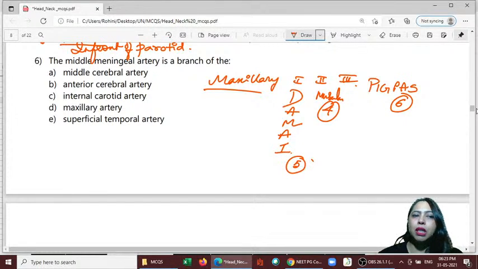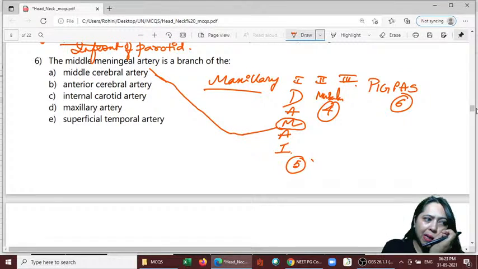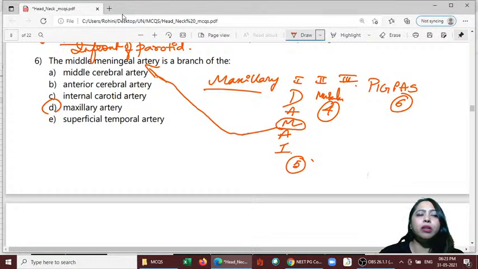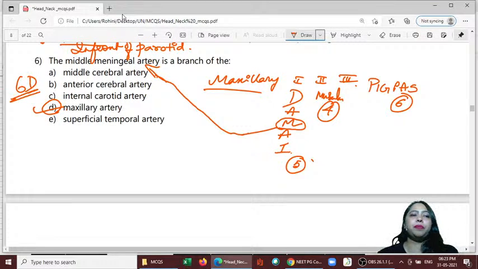So you see this M here. This is nothing but the middle meningeal artery. So what is the answer? The answer is D, which says the maxillary artery. So the answer we pick is D.